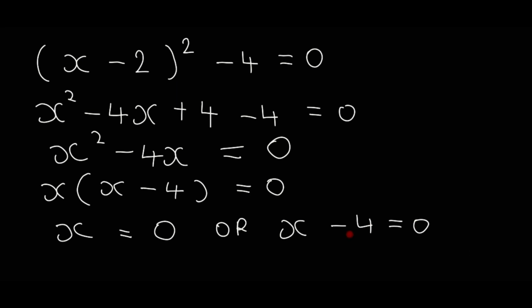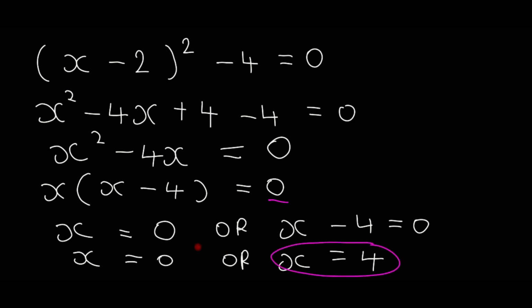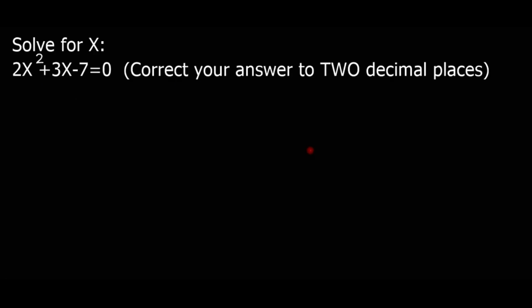This is because this side is 0 and on this side we have nothing else, so now we can say this part equals 0. So this means x = 0 or x = 4, not negative 4. So this is our final answer.